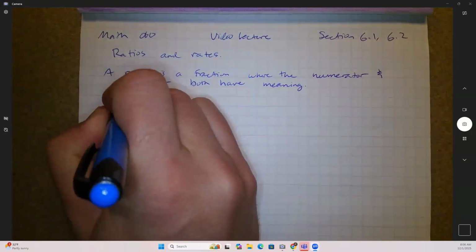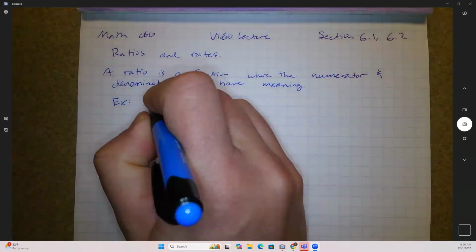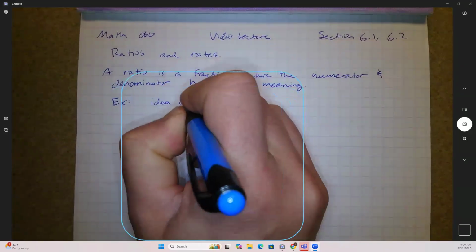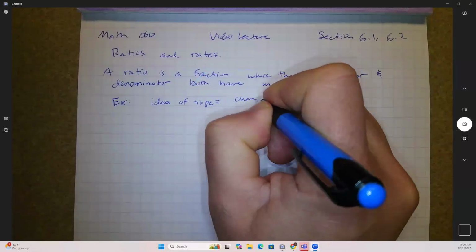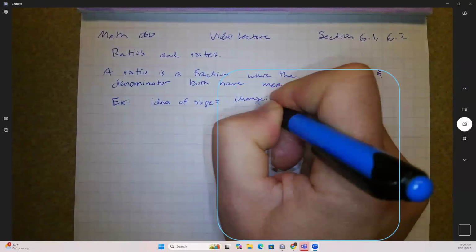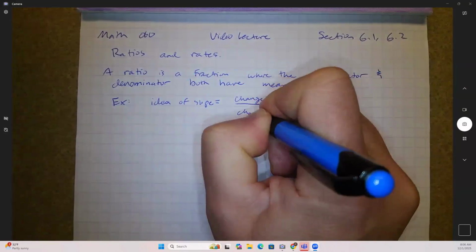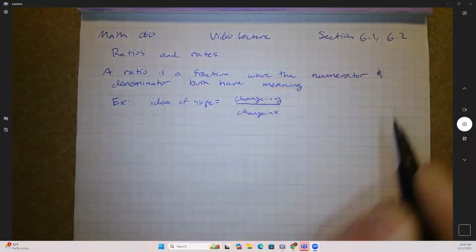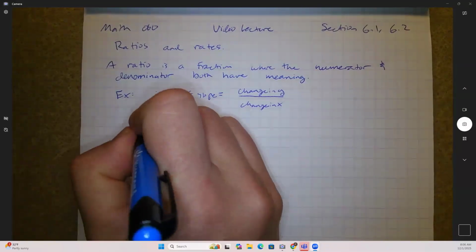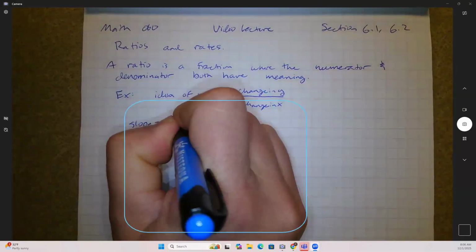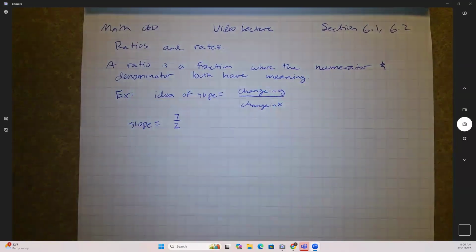One example that you've seen before is the idea of slope. The slope is the change in y divided by the change in x. So if we have a slope equal to 7/2, the numbers in the top and the bottom have meaning now.